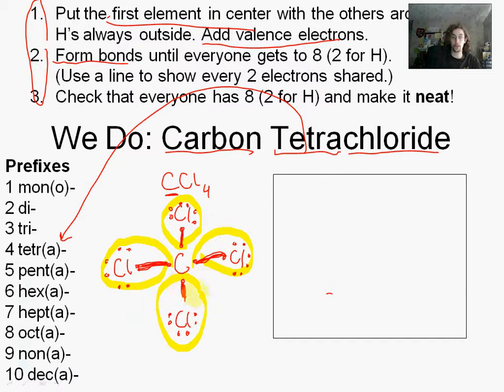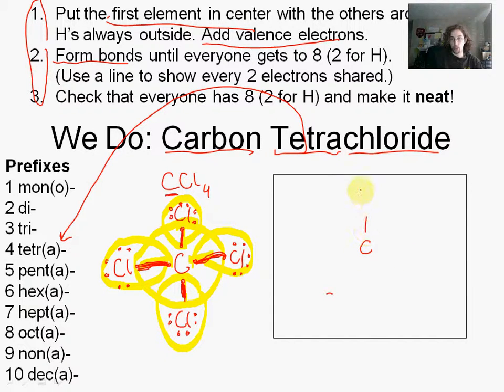They're stable. Carbon in the middle has no lone pairs, no unshared electrons, but it does have 4 bonds. 1, 2, 3, 4. And each of those single bonds represents 2 shared electrons for a total of 8. So it looks like everyone has their octet, so we're ready to draw our final answer.